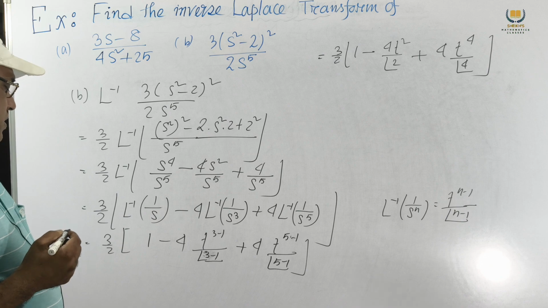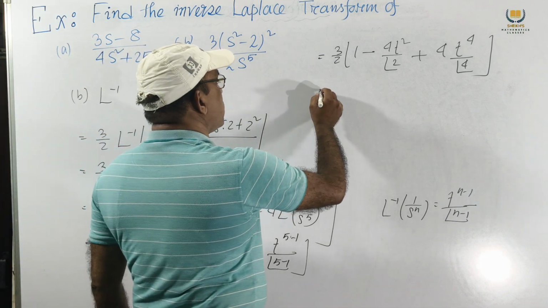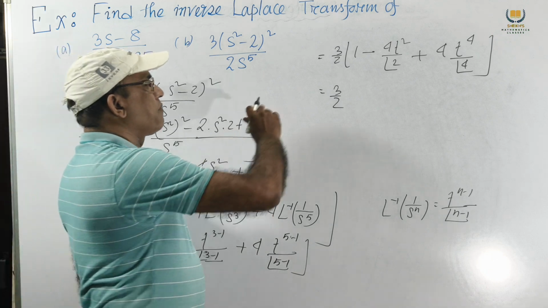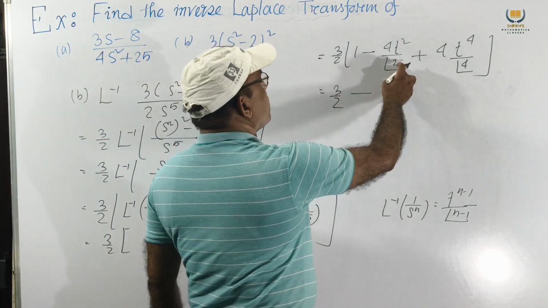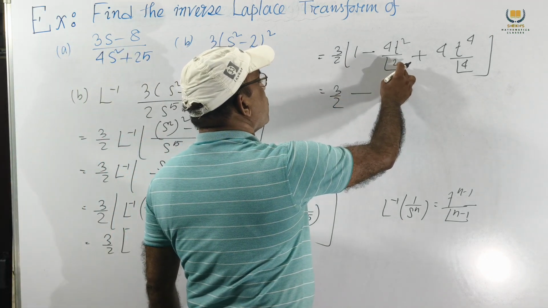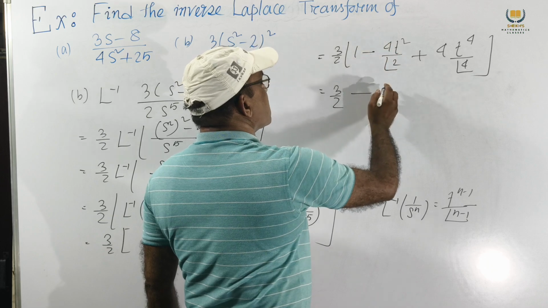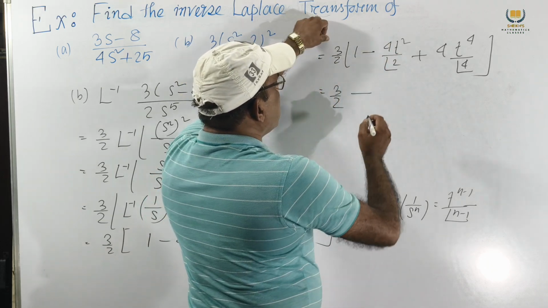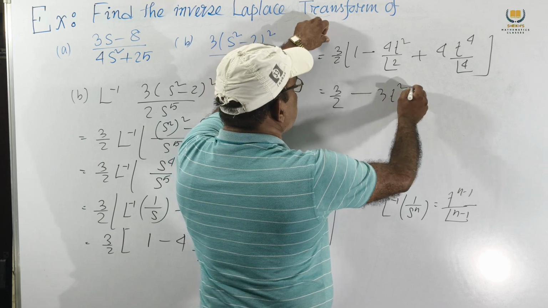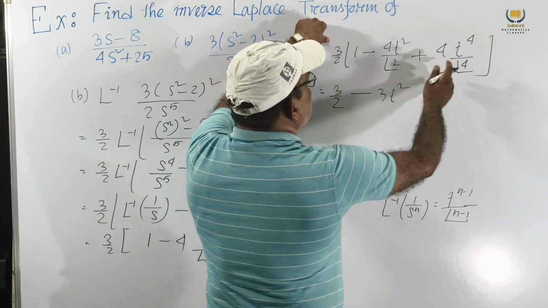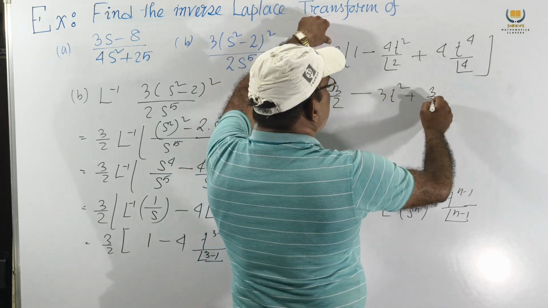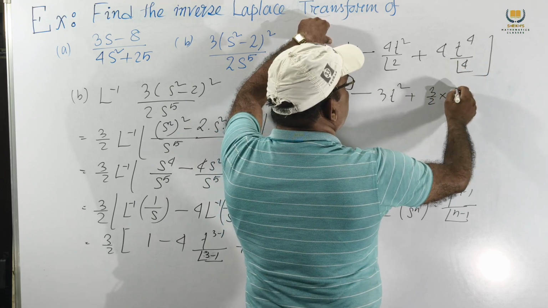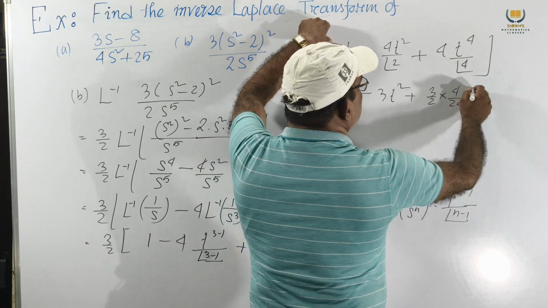This is 3 by 2, which remains the same, or we multiply this. Factorial 2 means 2, then 2, and if we multiply with this, this is 2 and 2 is 4, we get 3t square. And this is 3 by 2, times 4 by 24 t to the power 4.